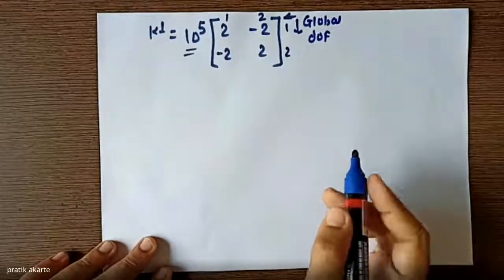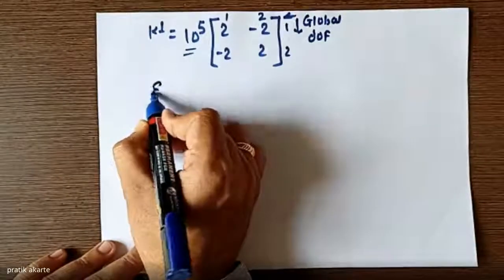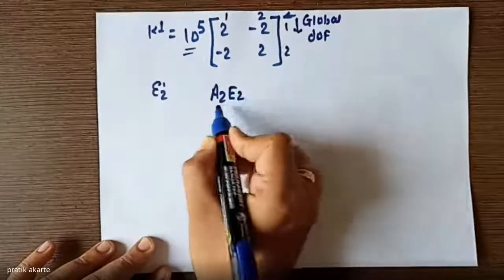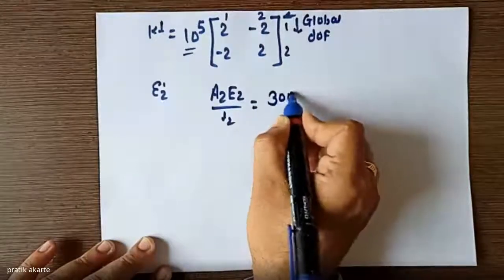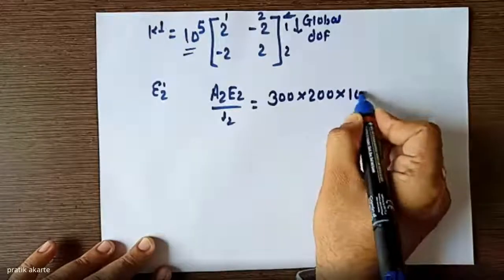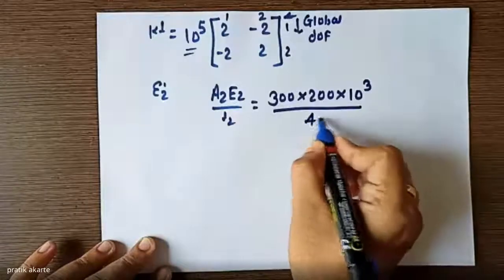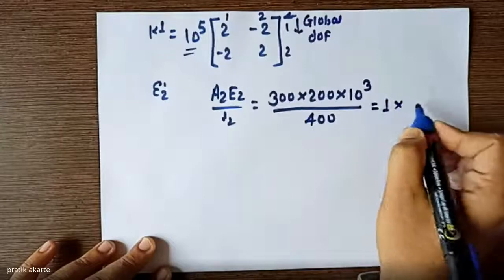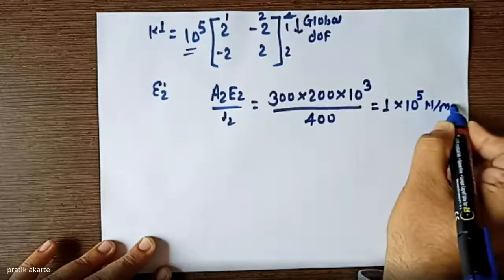Similarly for element number 2, I can write A2 E2 upon L2, which is equal to 300 into 200 into 10 to the power 3 divided by its length 400, which comes out to be again 1 into 10 to the power 5 Newton per millimeter.